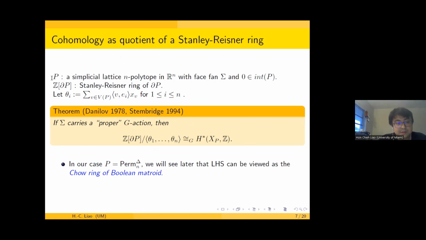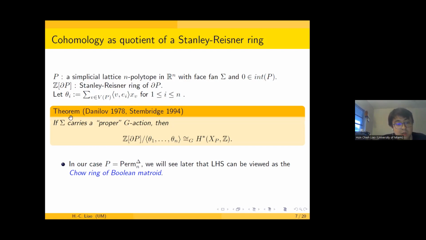So the setting is we have some polytope P, which is a simplicial lattice n-polytope in R^n, its face span is sigma, and the origin is inside its interior. And this Z[Δ_P] is basically the Stanley-Reisner ring of the boundary of this polytope, which is just some ring associated to a simplicial complex. And θ is just some linear form which records how you put your polytope inside the space.